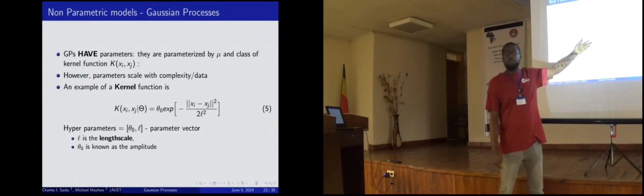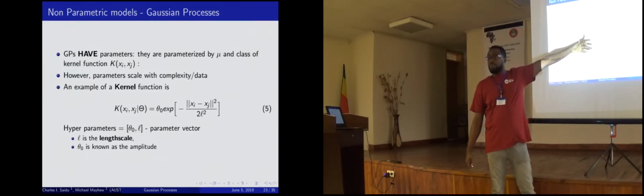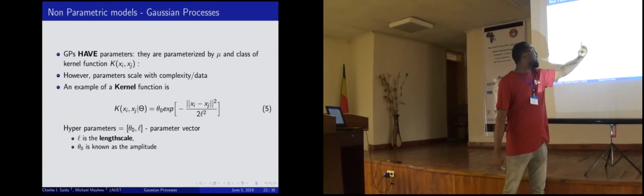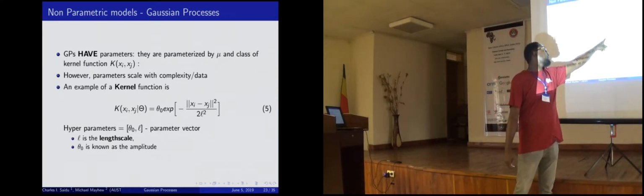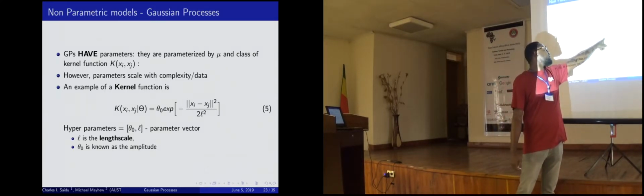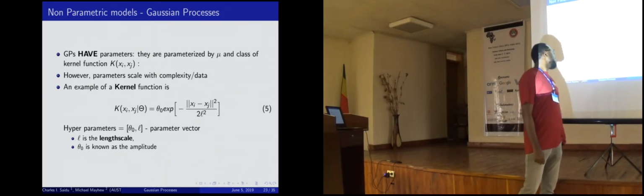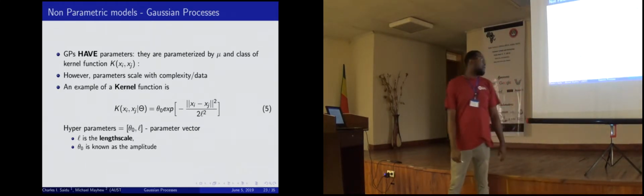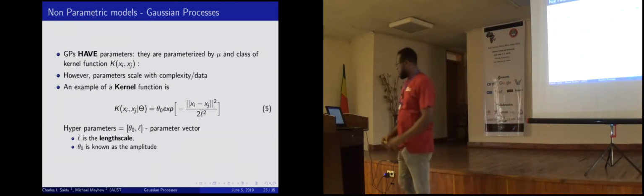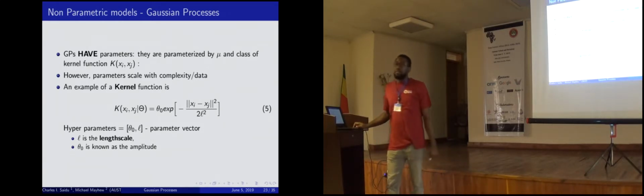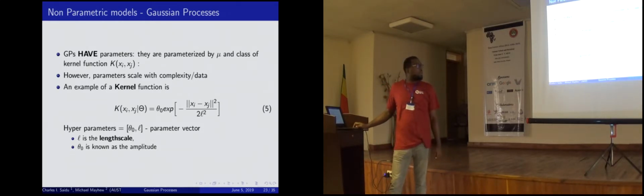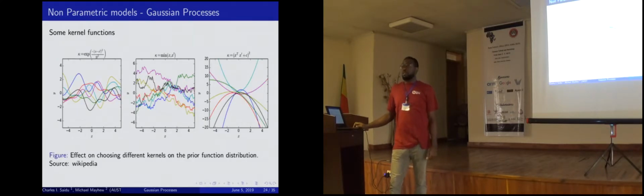So if you have n points, obviously you expect this to grow. And our k in this case has hyperparameters theta naught and L, which is known as the length scale. And theta naught is known as the amplitude of our kernel.